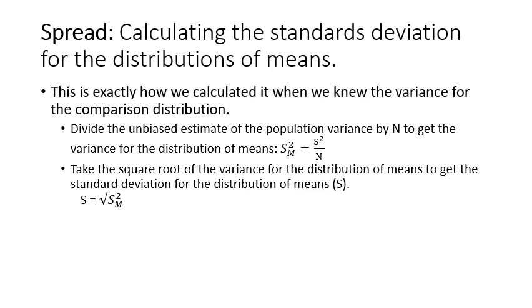Now this is where I think it can get really confusing, because you're saying, what? Come on now, we just divided by n minus 1. What's this dividing by n now? But remember, all we were doing with that n minus 1 was calculating the variance for the population based on scores of individuals.